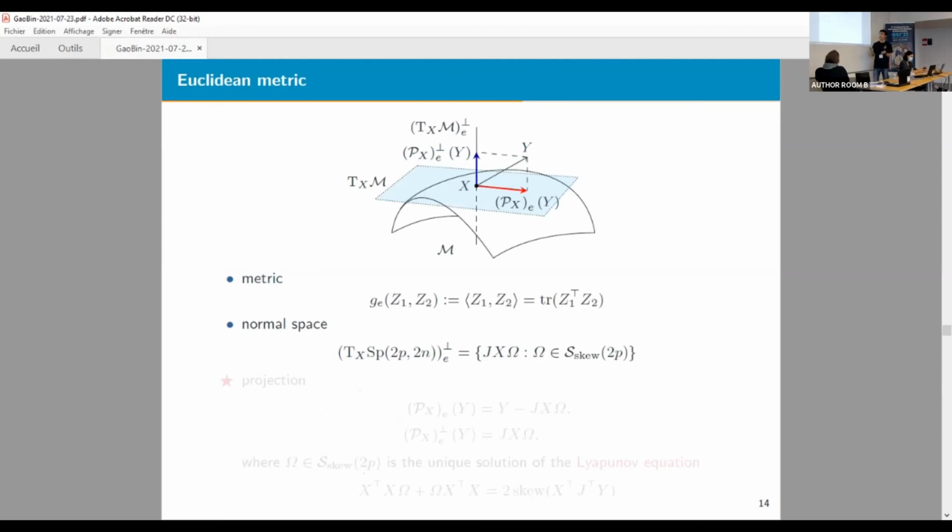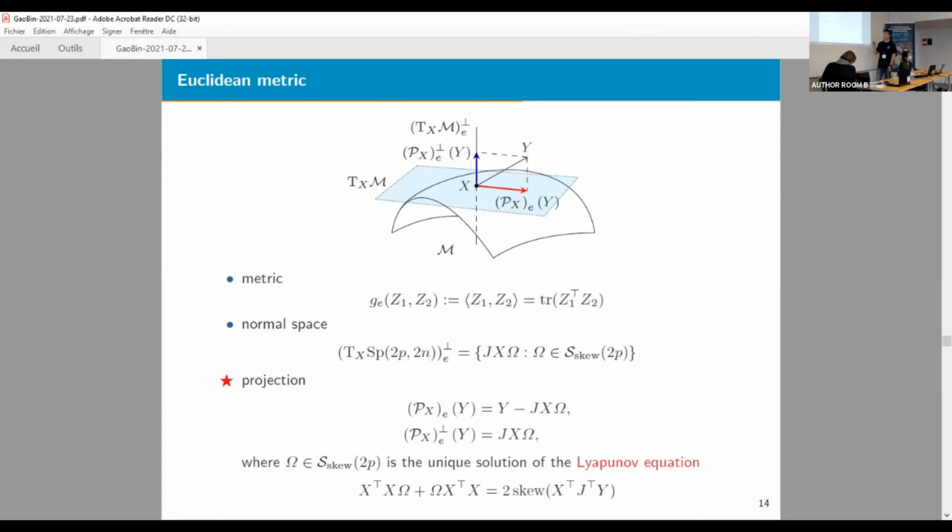This is natural, and the most natural metric in the Euclidean space is the Euclidean metric, namely the Frobenius norm of a matrix. We consider the trace operator here, and we have this metric. In view of this metric, we can have the normal space, and we can also get the projection onto the tangent space and also onto the normal space.